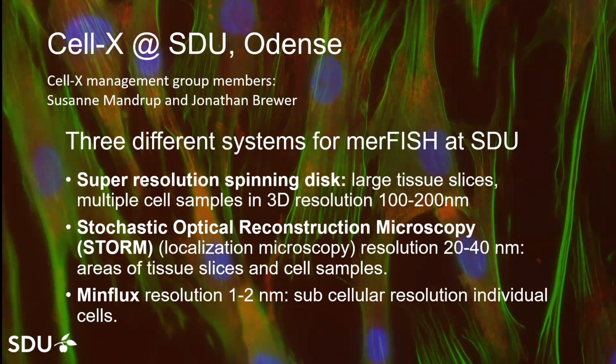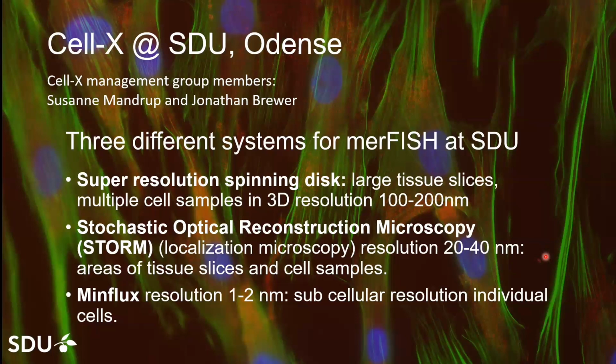So we'll set this technique up and allow for spatial transcriptomics in different scenarios. There's this super resolution spinning disk, which we will hopefully get within the next few weeks. That will allow us to scan large tissue slices and do it well in 3D. Then we have some localization microscopy through STORM microscopy, and this will allow us to get a better resolution, but this will also limit us in the field of view, so we will have smaller areas in, for example, tissue slices or cell cultures.